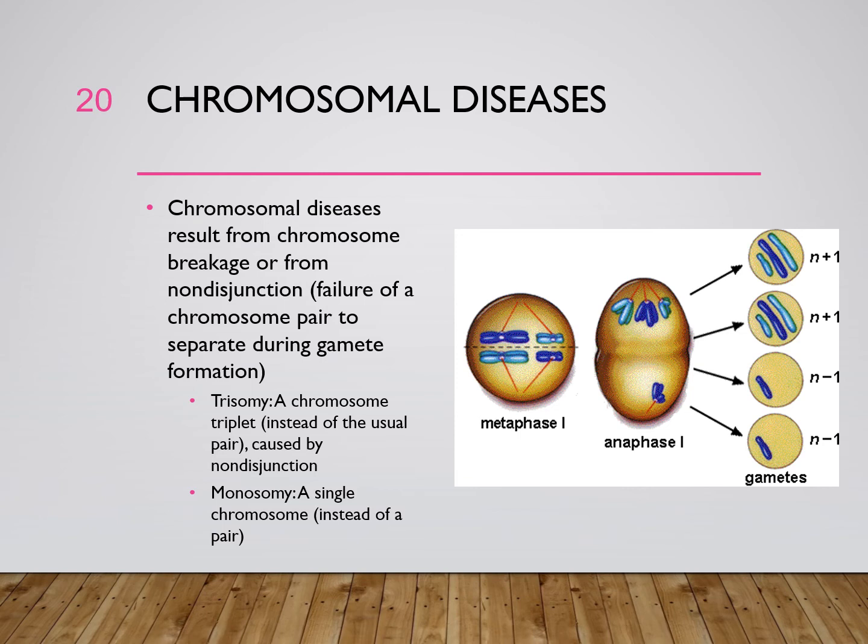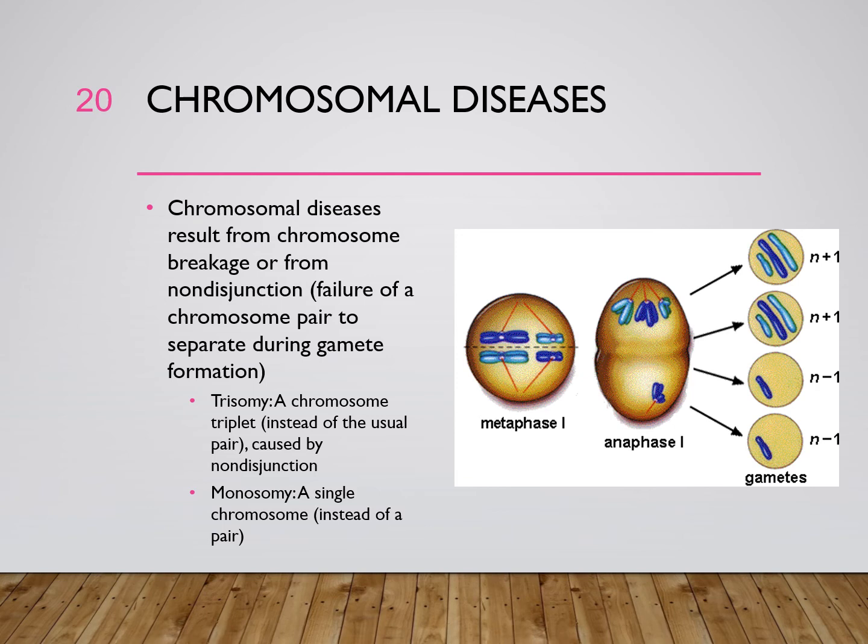And then these chromatin stretches out to grab those chromosomes, and one chromatid is pulled in one direction and one chromatid is pulled in the other direction, and here we end up with equal numbers of chromosomes in each gamete.